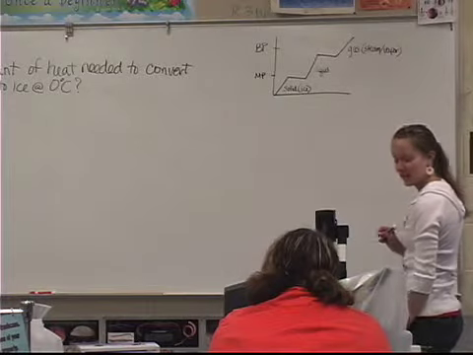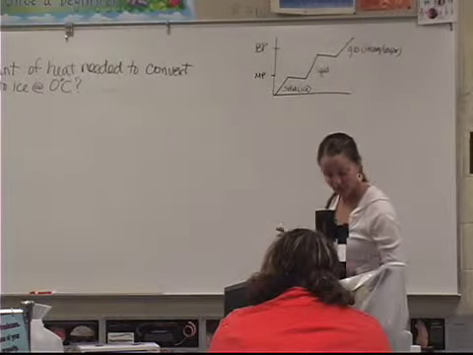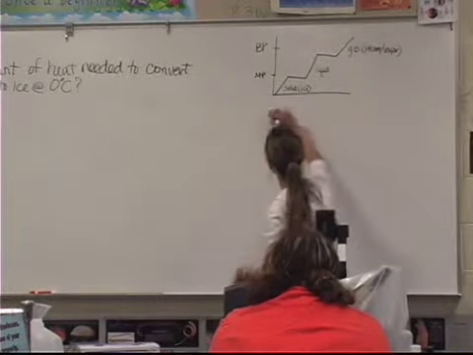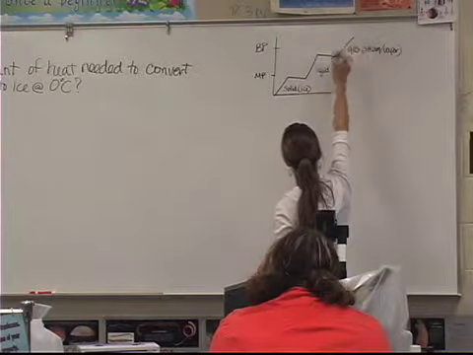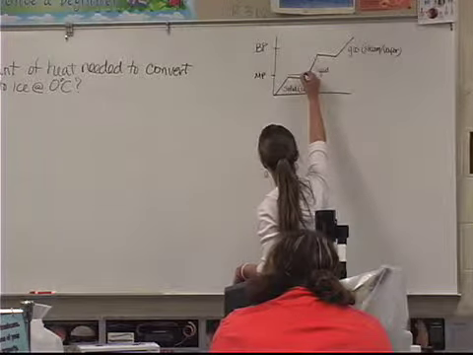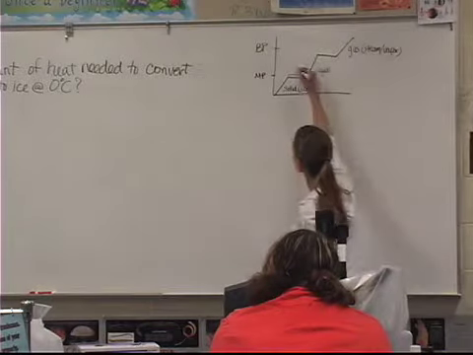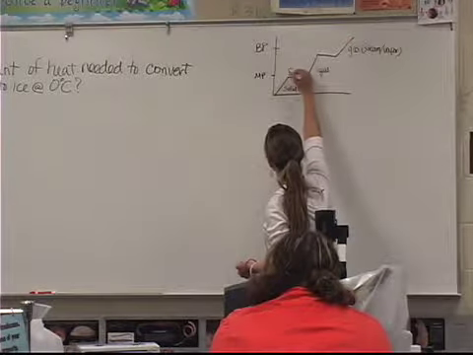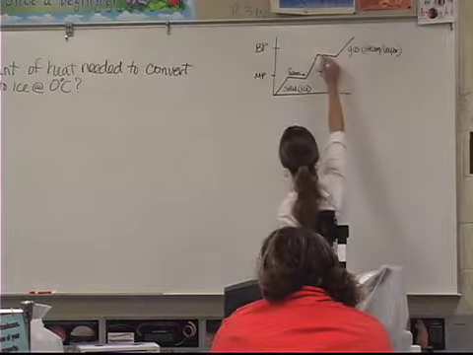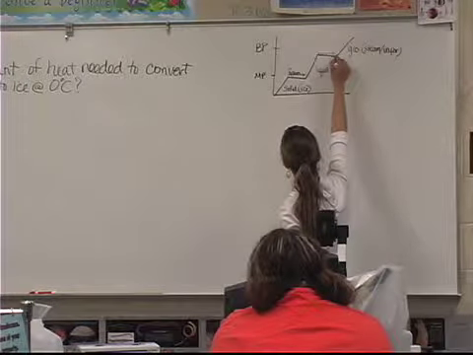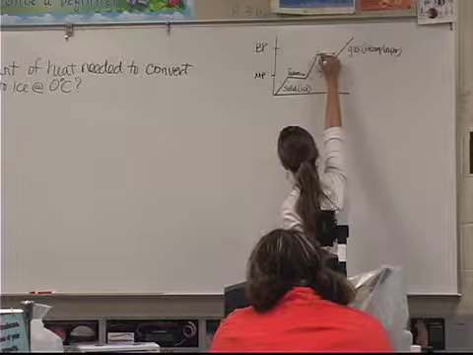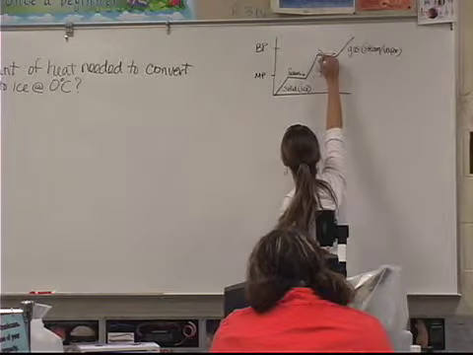My lines are crooked and it's kind of bothering me. Get over it. Okay, if you are going from solid to liquid, from here to here, that is called the heat of fusion. And if you're going from liquid to gas, the heat of vaporization.